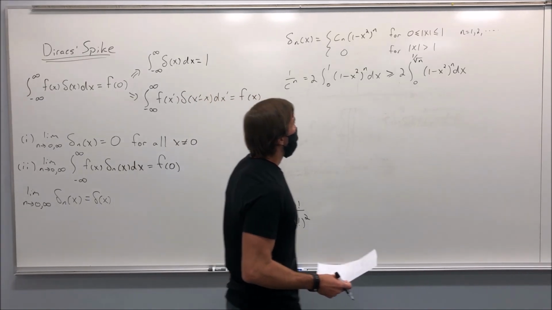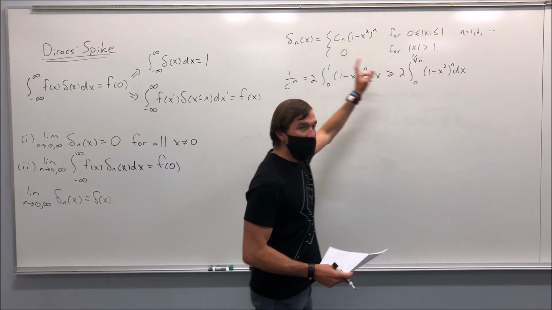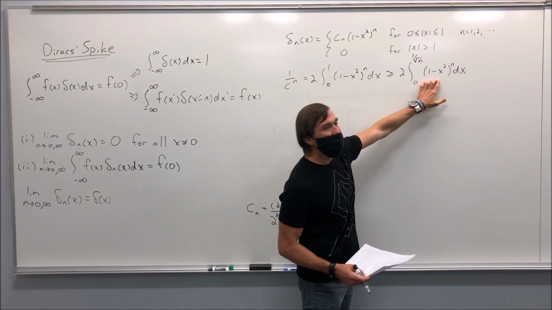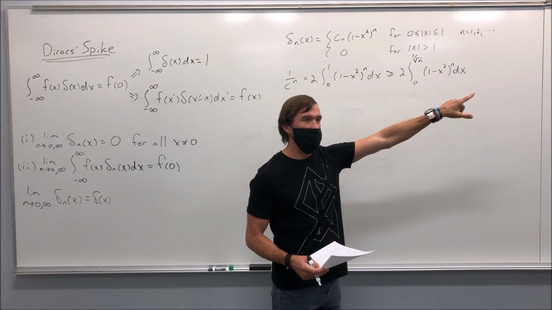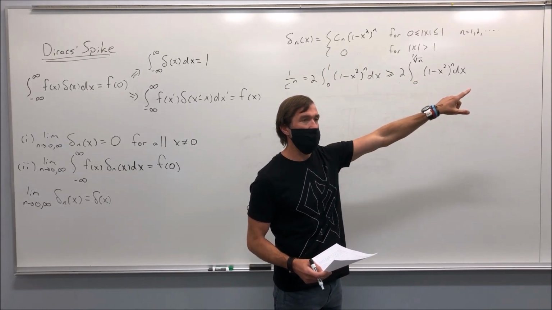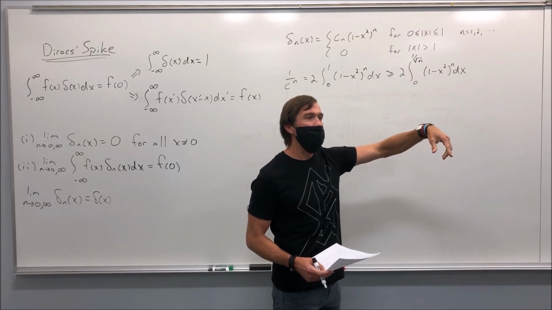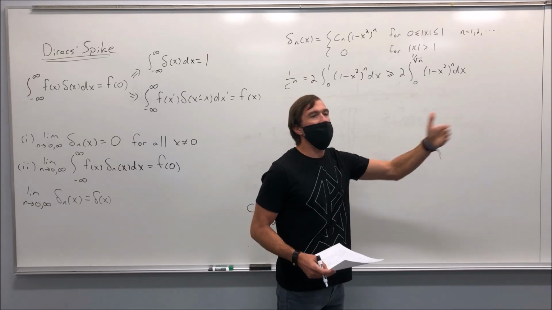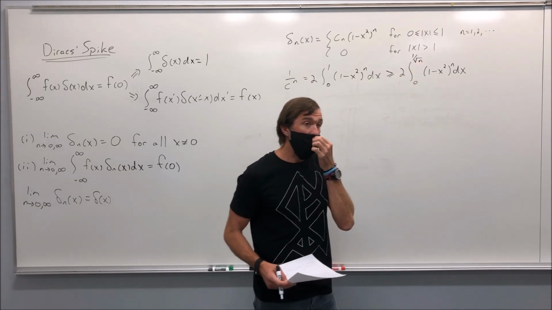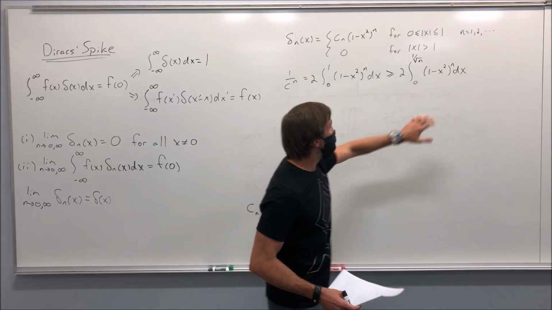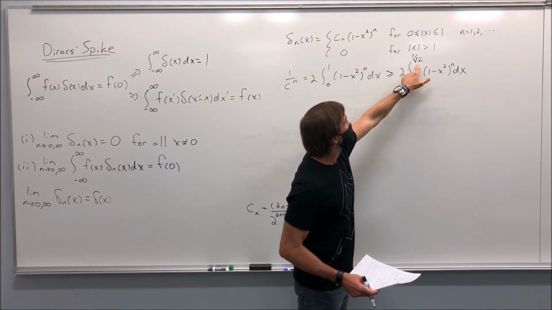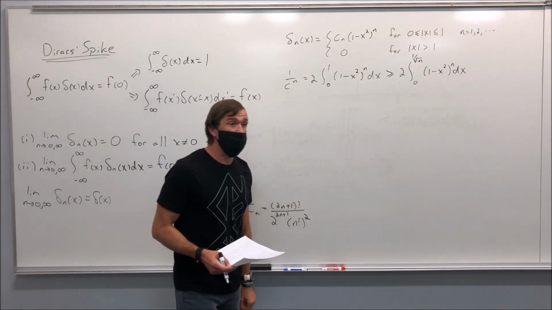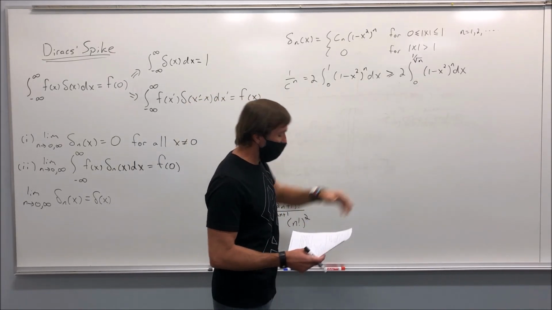So 1 over root n is smaller than 1, right? And this integrand is positive throughout the range. If it were negative, and you were excluding that end by going to a smaller upper limit, then it could be bigger. But no, this is a positive integrand, so making the interval shorter is going to make the net result shorter. So this is bigger than that.